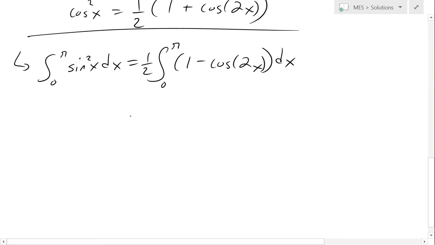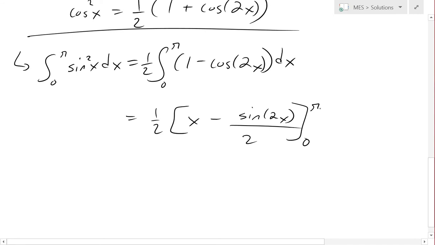Now we can just solve the integral. It's 1/2 times the integral of 1, which is x, minus the integral of cos 2x. That's sine 2x, and we always have to think about the chain rule, so we divide by 2, because the derivative of sine 2x is cos 2x times 2, so we need to divide this out.